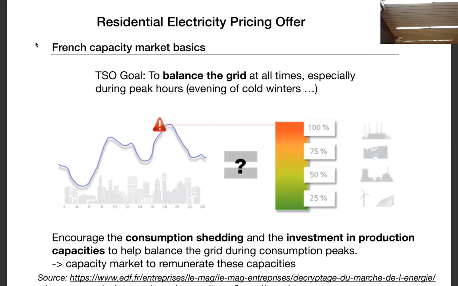The capacity market is a way to help some actors build new installed capacity just to supply energy during the peak. If you just rely on renewables, it's very difficult to balance the energy during the peak, because you cannot say, I want wind at 7 p.m. or I want wind at 8 a.m. Only God can do that, if God exists. And so for the TSO, it's difficult.